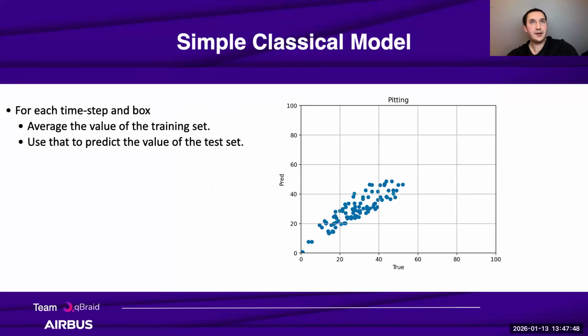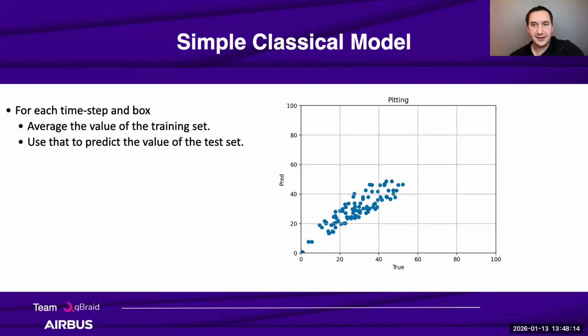So for pitting, the model that we definitely need to beat is the simple classical model. This is taking the average value of the training set, in this case 10 of the 12 evolutions, and using that to predict the next evolution. So this doesn't take any information about the specific box time evolution.